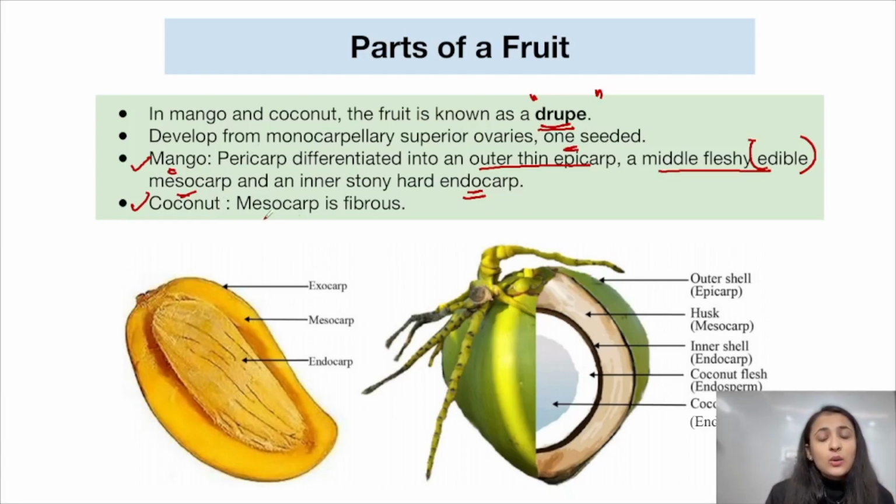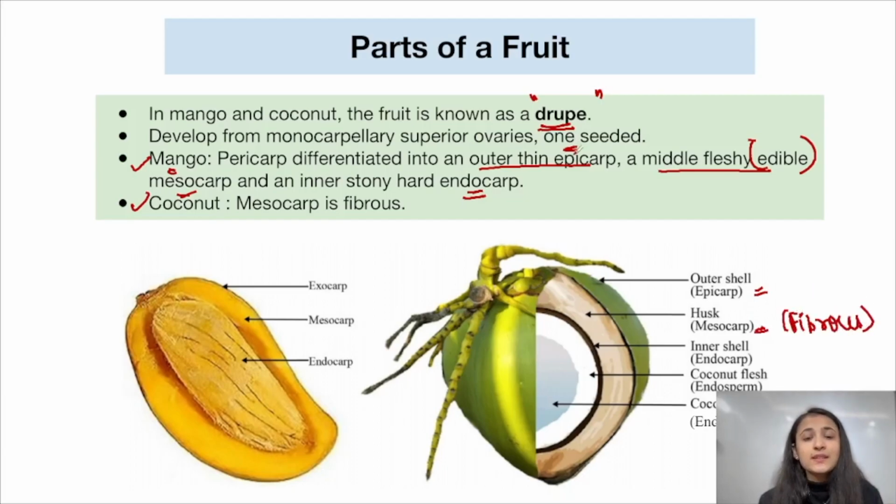Okay, now let us consider the coconut fruit. In coconut fruit, there is this outer shell again, which is known as the epicarp. Then there is this husk layer which is known as the mesocarp. It is fibrous. Okay, the husk of coconut is fibrous.